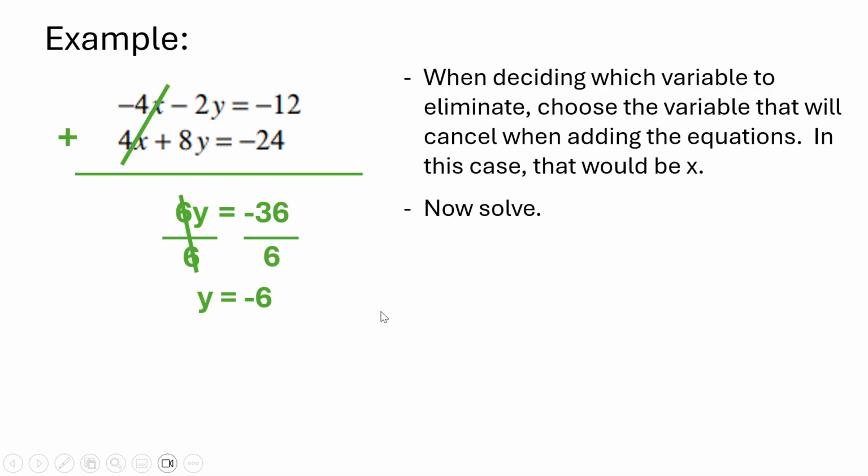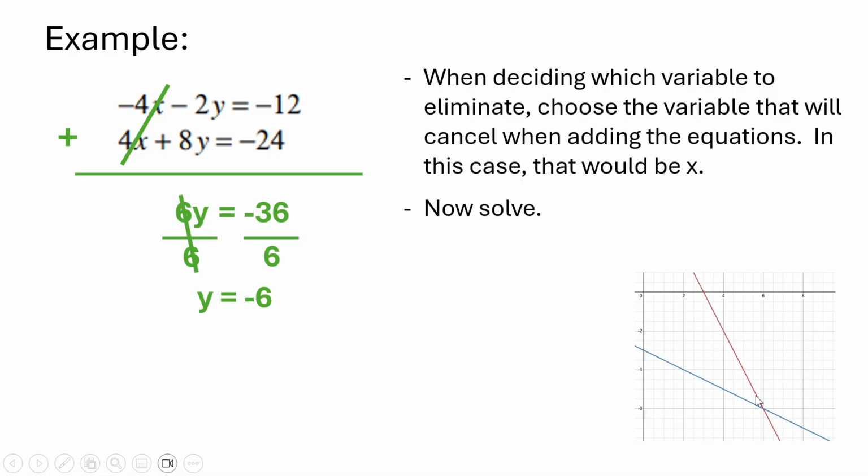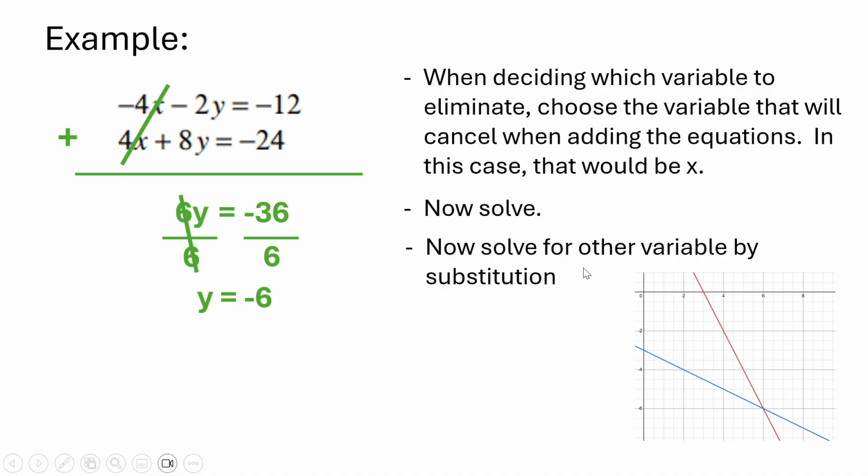Okay, so now remember, the solution is a point where they intersect, and a point is made up of two coordinates, an x-coordinate and a y-coordinate. And so far, we only have one of those coordinates. We only have the y-coordinate. Okay, so now we have to solve for the other variable. So here, in this case, we have to solve for x.